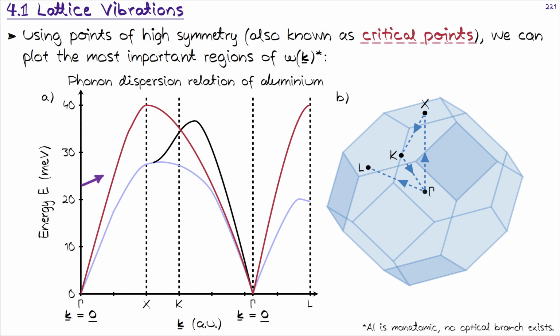This dispersion relation and these acoustic branches tell us what kind of lattice vibrations may take place in our aluminum. If we want to calculate the heat capacities, for example, we must know what kind of energy states the system supports, because we need to be putting energy into these states that the system has.